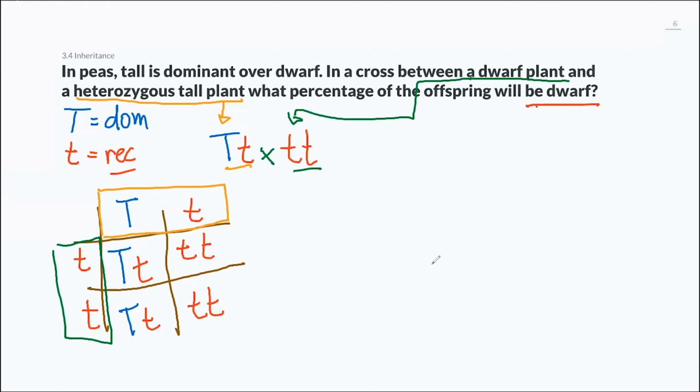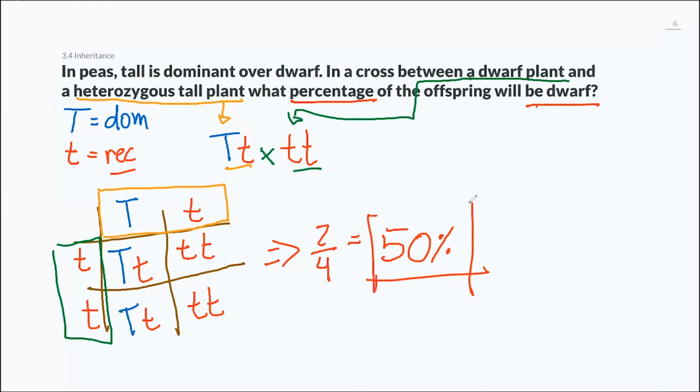Now, to be dwarf, you need to be homozygous recessive, and in our case, that is 2 out of 4, which is the same as, since they're asking for a percentage, this is 50%. So make sure that you're answering the question, right? The question was what percentage? So this is what you were looking for.